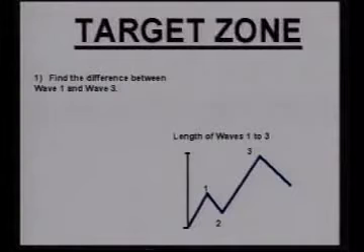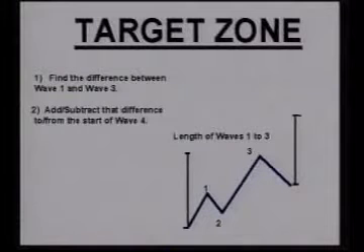So when we take that price difference, and then what we want to do is go over to wave 4 and add that price difference to there. So what we've done very simply is we've taken the distance between the top of wave 3 and the beginning of wave 1, this distance here, that length, and we've transferred that length over to the bottom of wave 4 and added it to wave 4.